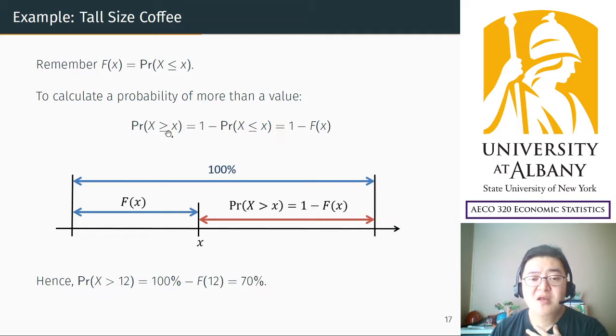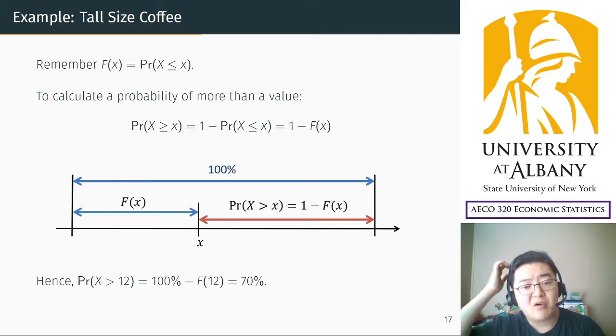By the way, strict inequality and weak inequality do not matter. I may switch between them because including 1 point or not does not matter. You don't need to worry about whether you are using strict or weak inequality.